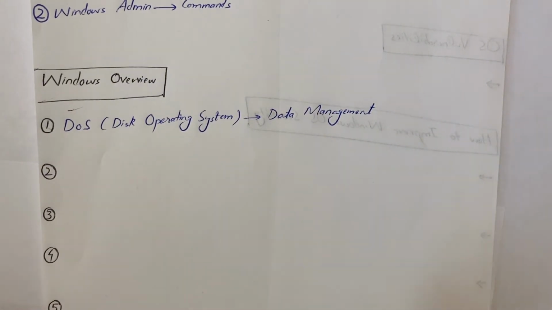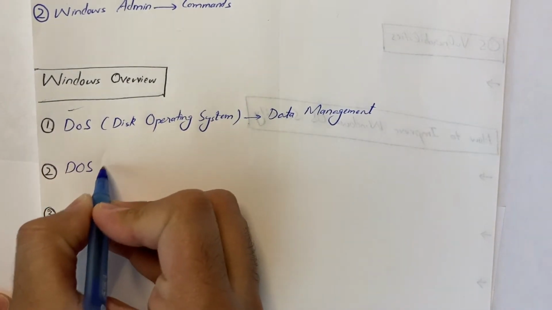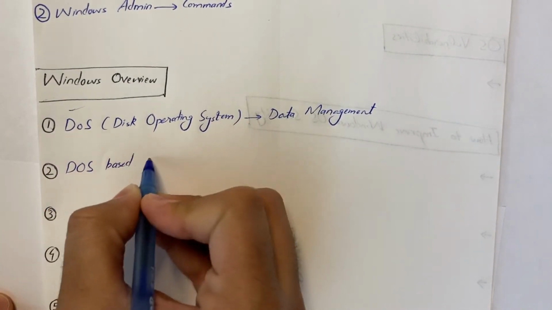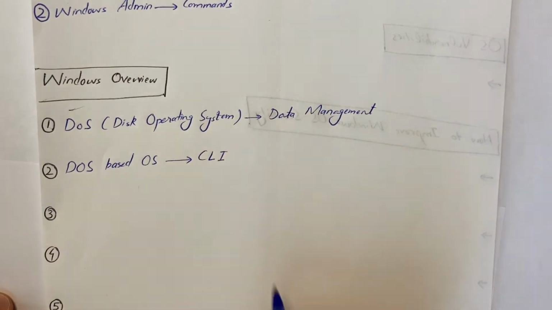These DOS based operating systems are mainly based on command line interface. If you remember, if you want to access anything in your hard drive, you need to type a command. If you want to open a file, you need to write a command. So these DOS based operating systems basically used command line interface, CLI.